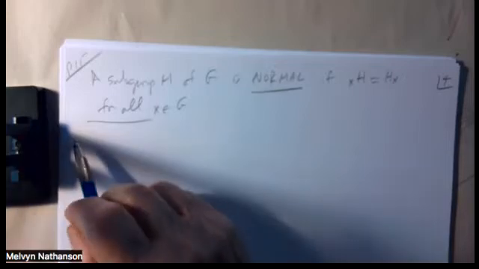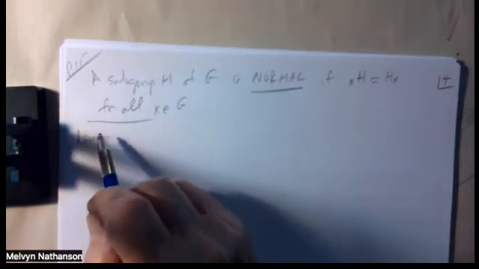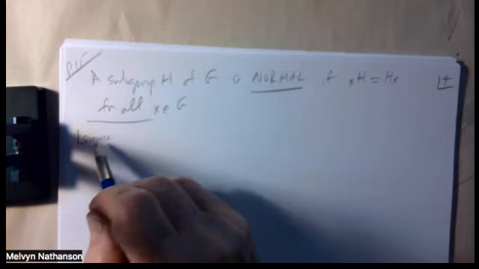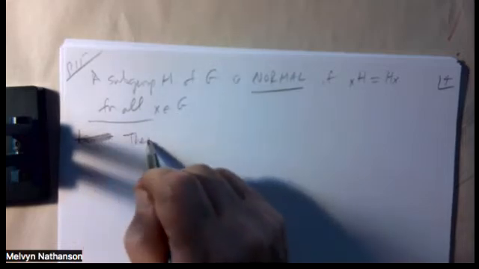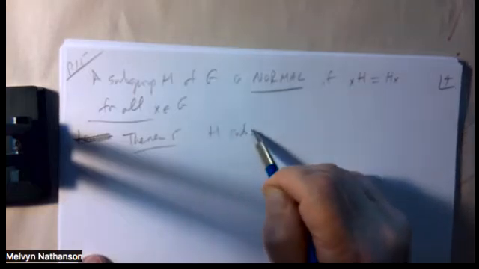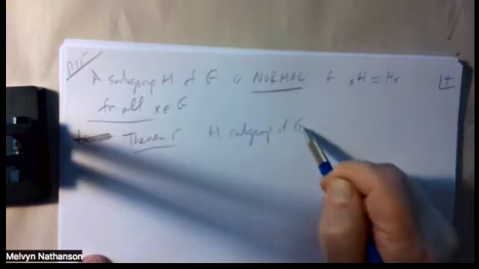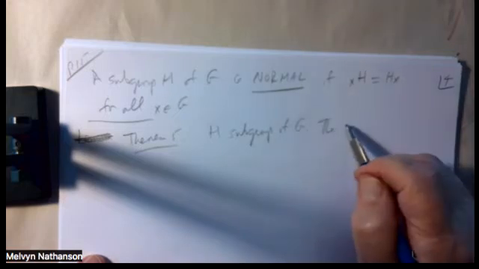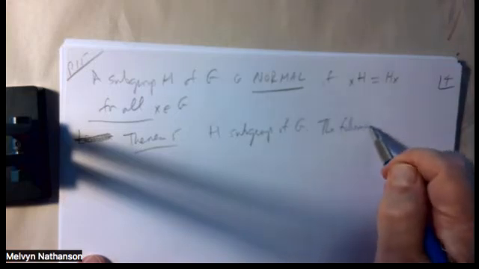And there is a very, very useful theorem in the notes. This is Theorem 5 in the notes. We have H, a subgroup of the group G, and then the following statements are equivalent.